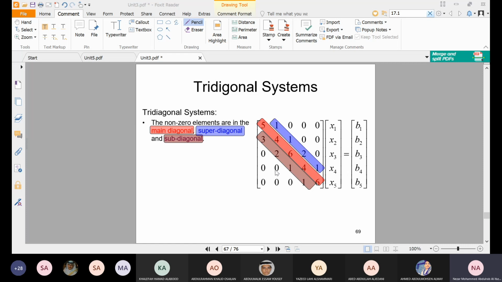For example, to solve it easily, some students might make the main diagonal ones, like what we do in Gaussian elimination. Then they eliminate the coefficients below the diagonal, making them zeros.